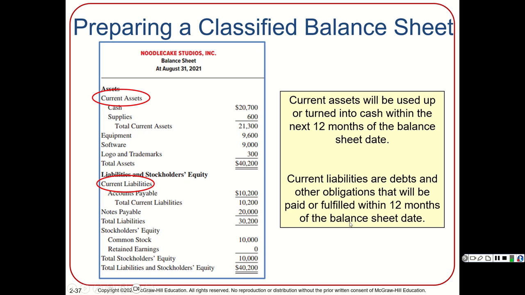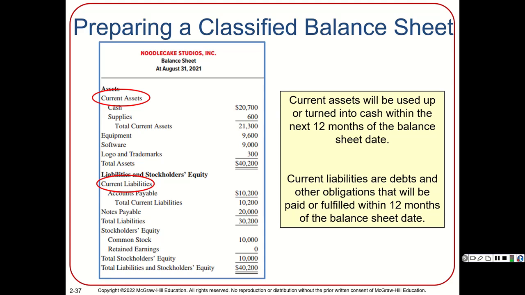So notice the current part: current assets, current liabilities. These are things that will be used up within a year. We have a tendency to increase and decrease our cash over 12 months; it goes in and out. It's liquid, easily obtainable to pay your debts, as well as supplies.